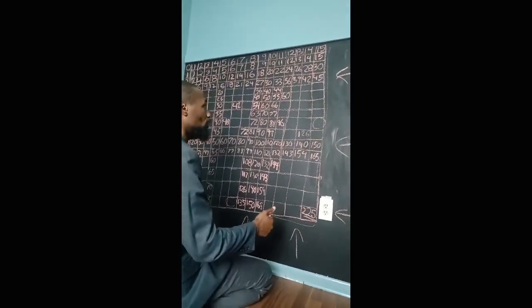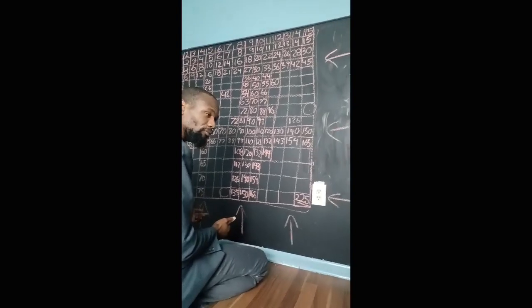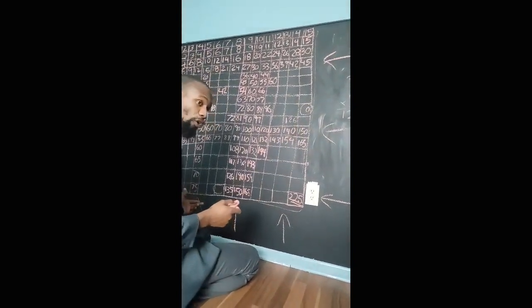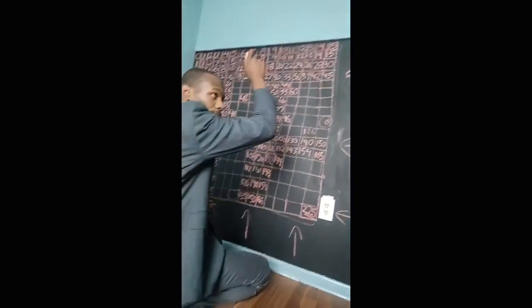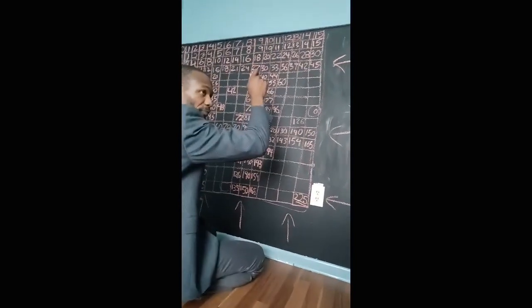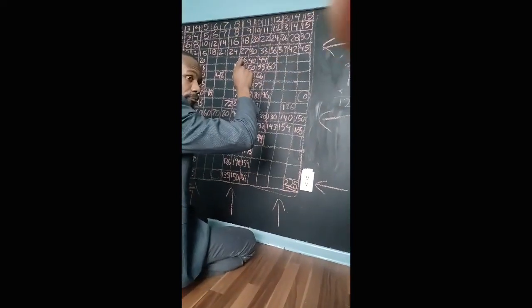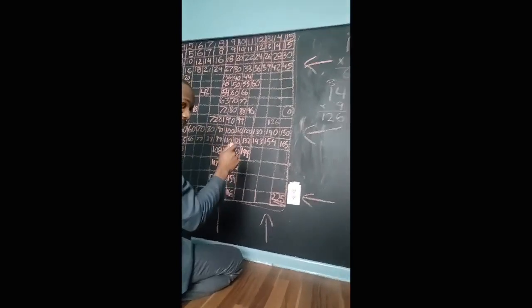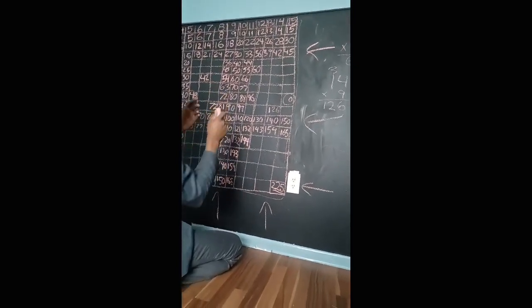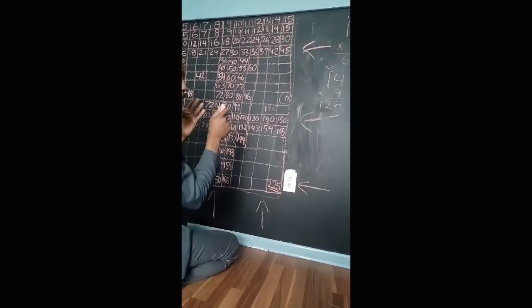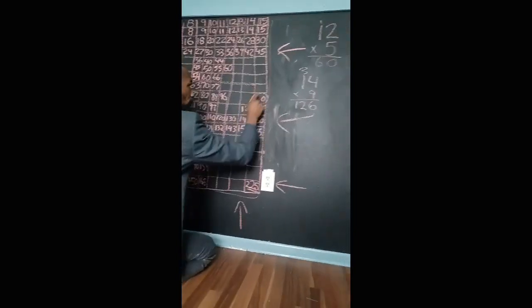So, let's do it. 15 times 8 should end in a 0 because 8 times 5 is 40. And you're going to carry the 4, right? And then the 1 in the 15 times 8 is 8. Plus 4 is 8, 9, 10, 11, 12. 12 and a 0. 120.